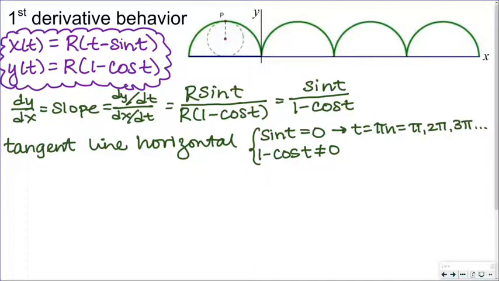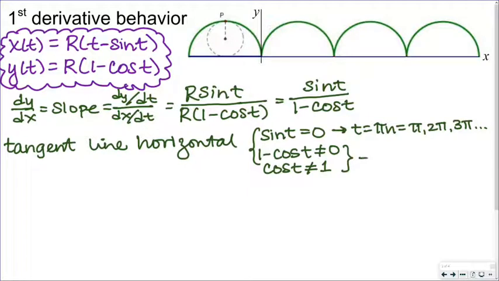And when is cosine t equal to 1? Cosine t equals 1, because we want to eliminate all of those values.